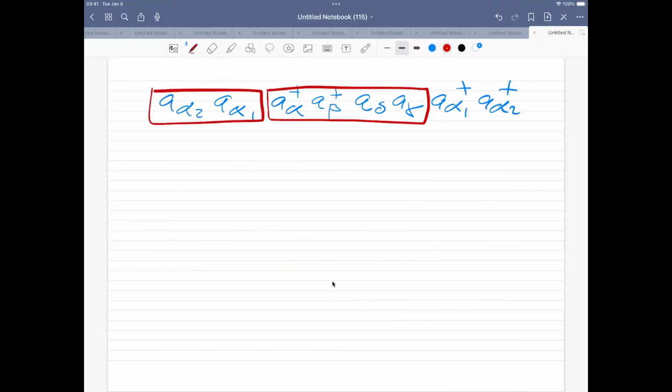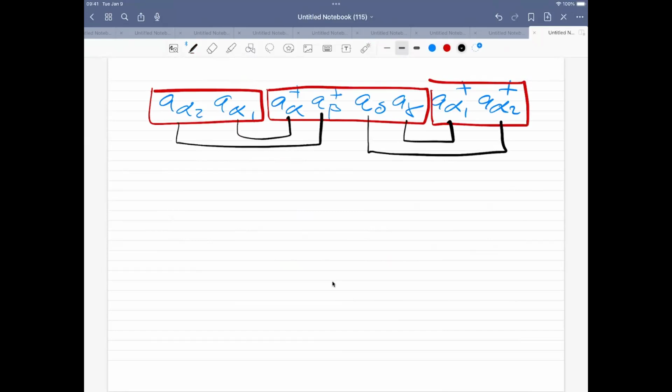So this is another state. If I now look at the type of contractions I can obviously perform this one, and I can do that one. That's a pretty obvious one. And that means that if I take this one and that one, and that one and that one, I'm going to get a contribution to the expectation value.